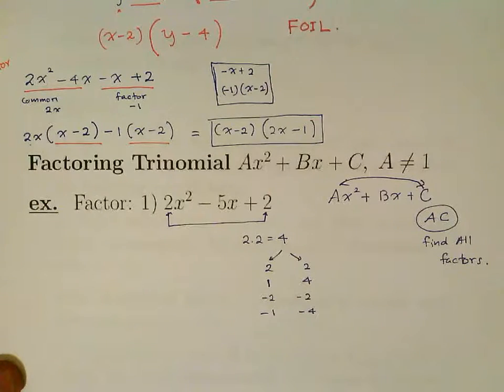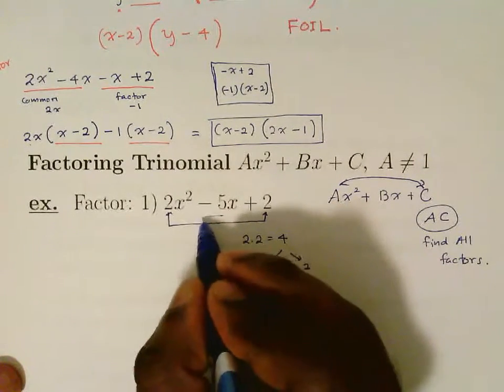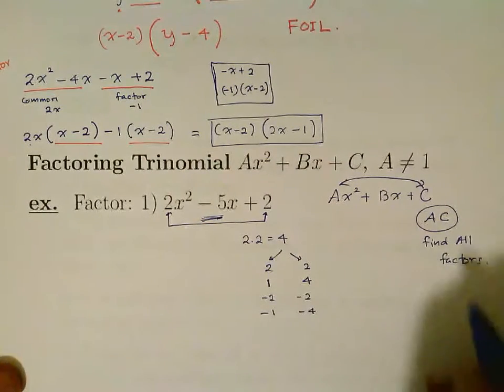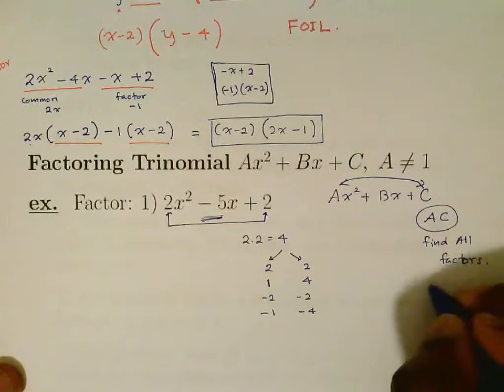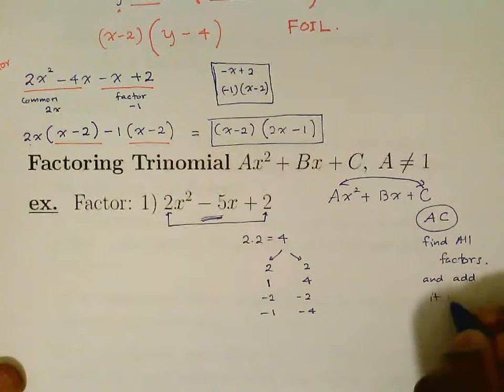Now you add them and see whether you get this number. So find all the factors of ac and add them up to get b.